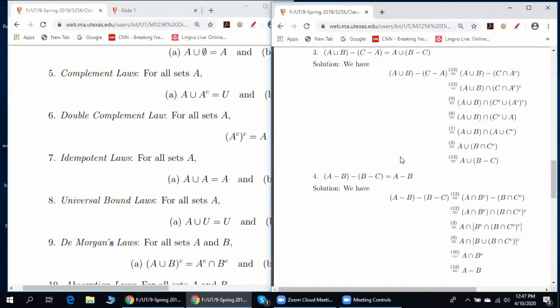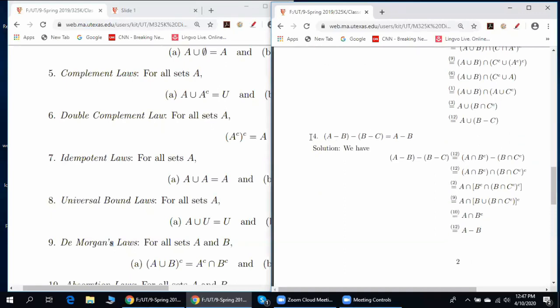Number 4, nice example. So here we have A minus B minus C. If you try to expand parentheses, you will get a nonsense. We cannot just expand parentheses and get A minus 2B plus C. Set identities don't work this way.